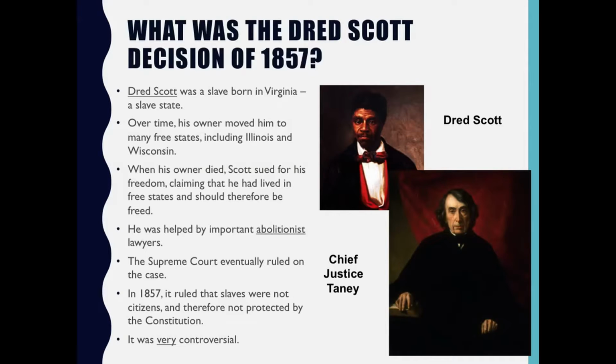However, over time, his owner moved around, and at one point moved him to many different free states, including Illinois and Wisconsin. So this begged the question, if your owner moves you from a state that allows slavery to a free state, are you still a slave, or does living in a free state make you free?